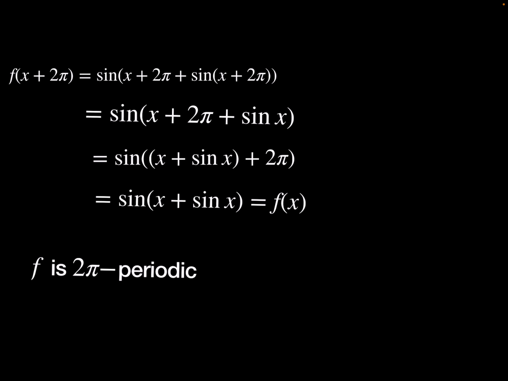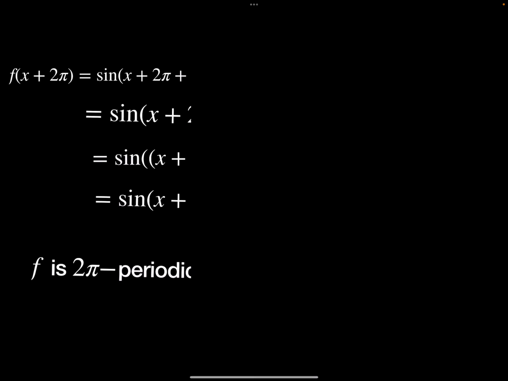Now I'm going to use the fact that this function is 2 pi periodic and odd in order to compute the value of B. So let's recall that B is equal to the integral from 0 to 2 pi of f of x dx, and f of x is sine of x plus sine of x. Now we know that this function is 2 pi periodic.